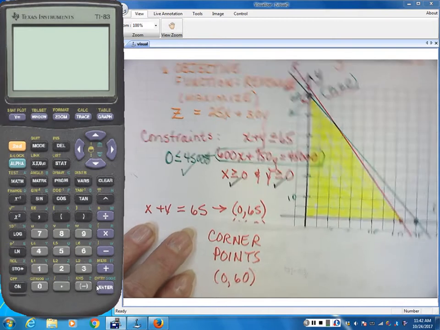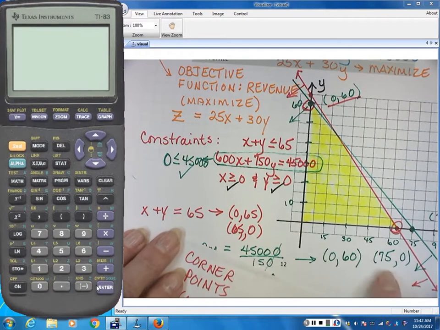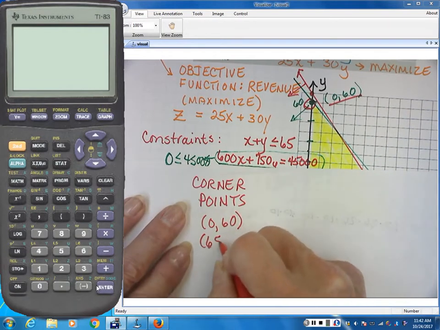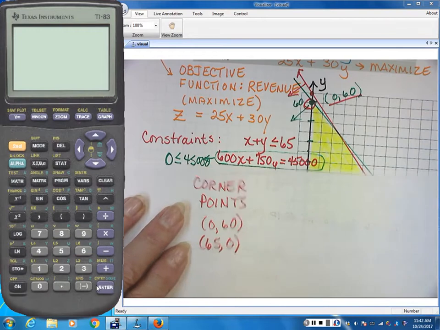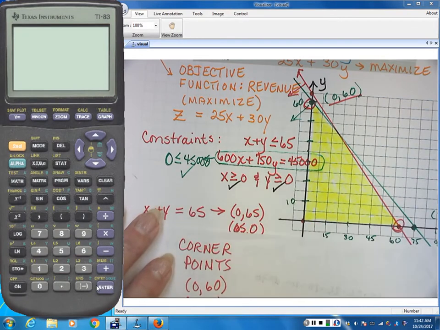And this one, which is 65, 0. And of course, 0, 0, but we know that's never going to give us maximum anything.